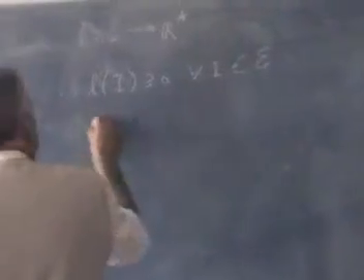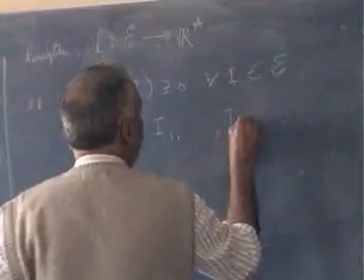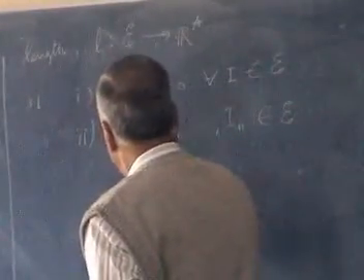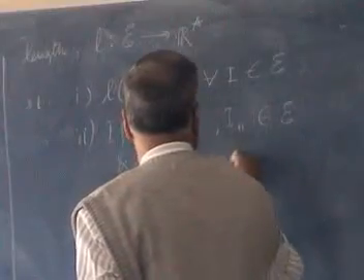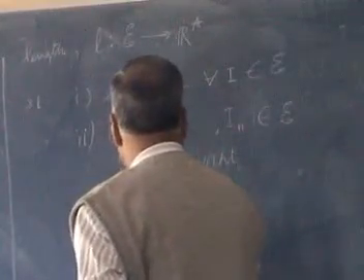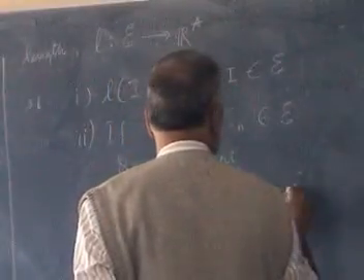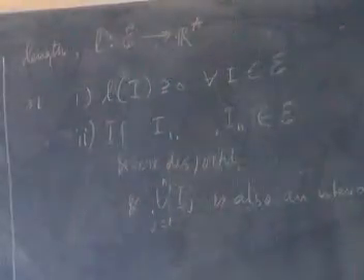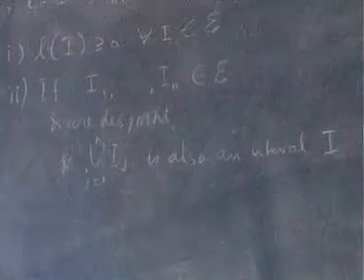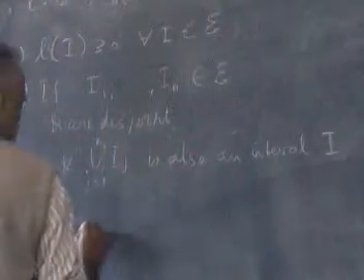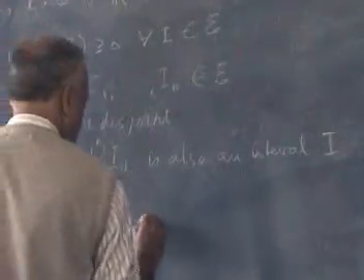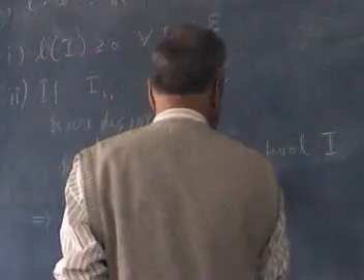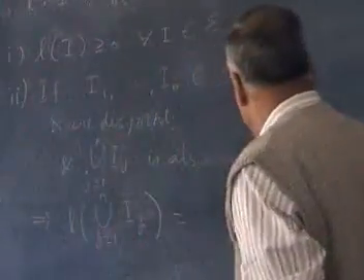For every interval, the length is positive, and if I1, ..., In are intervals that are disjoint, and the union of Ij, j equal to 1 to n, is also an interval, so we have a finite number of disjoint intervals whose union is also an interval, then the sum of the lengths is equal to the length of the union.